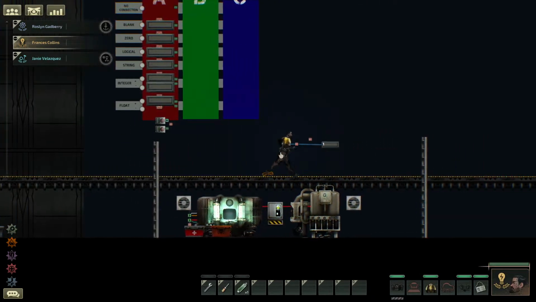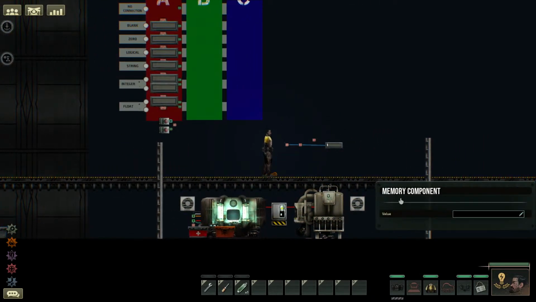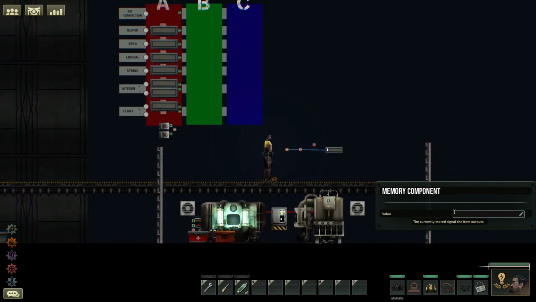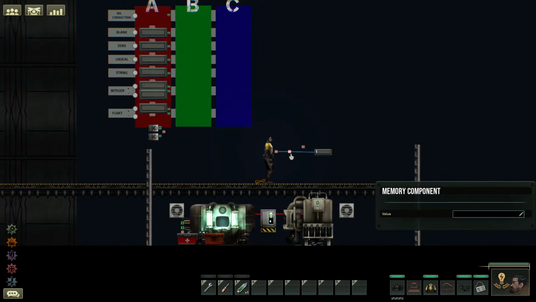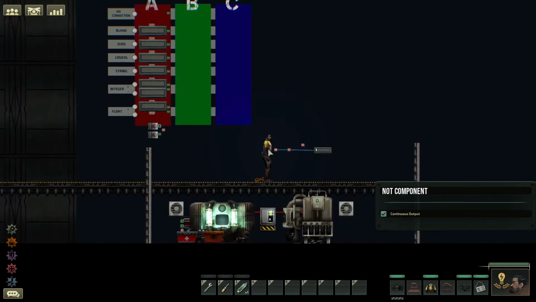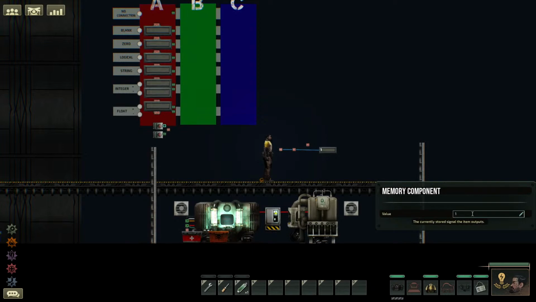Four viewers still, and we lost Streamy. Okay. So right now, there's nothing coming out of this memory component, which is interpreted as a 0 at the not component, right? And if we set this to a 1, it comes out as a 0. If we set this as a 4, it still comes out as a 0.